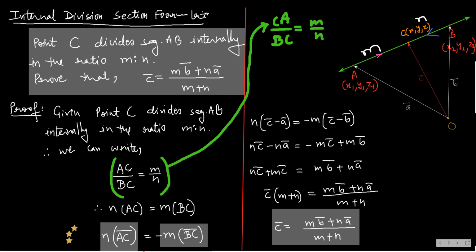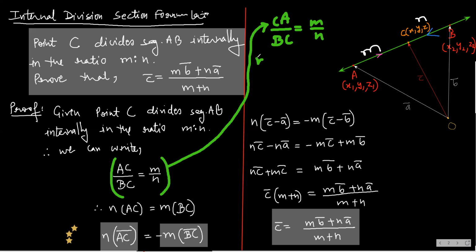Can I write AC upon BC as CA upon BC? Why not? Because they are numbers. AC and CA are equal so far as they are numbers. If they are vectors, then they are not equal. But here we are writing numbers.